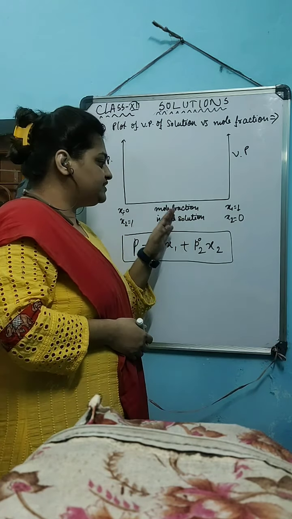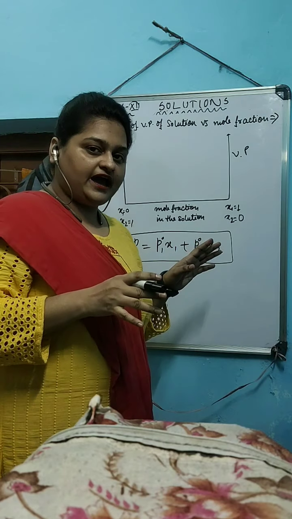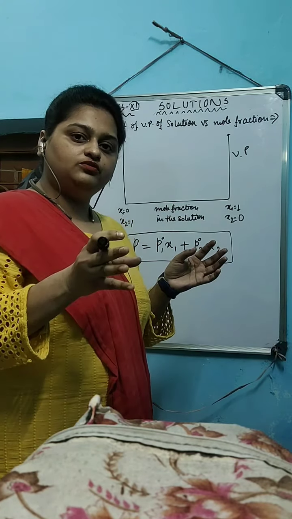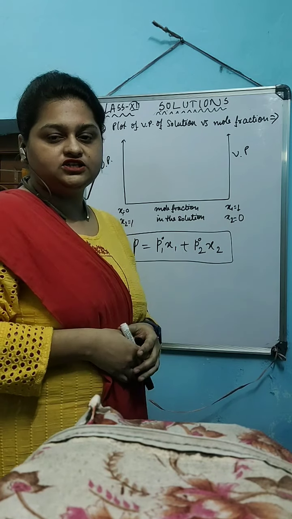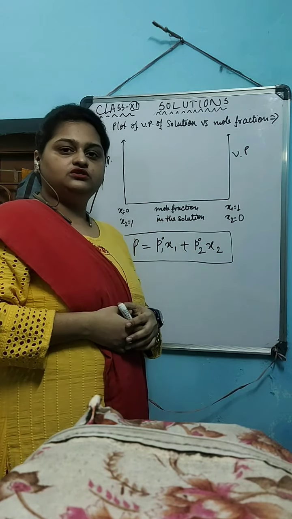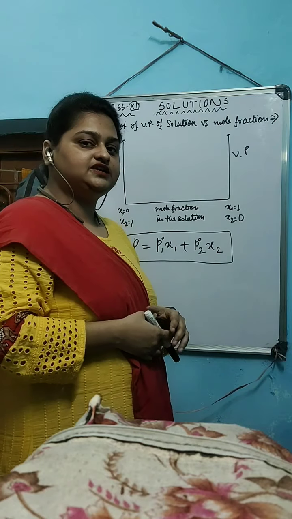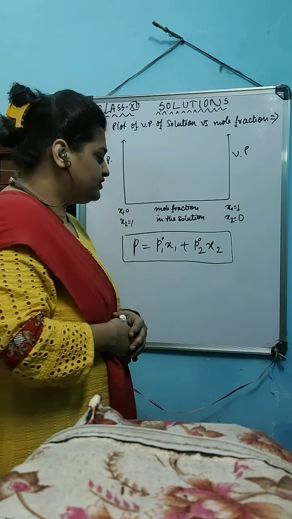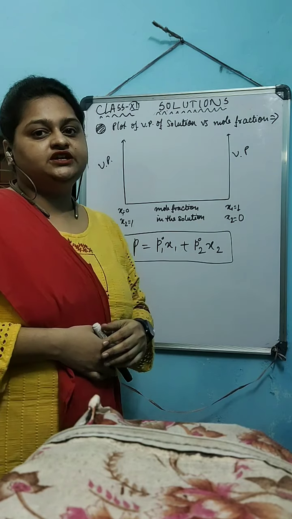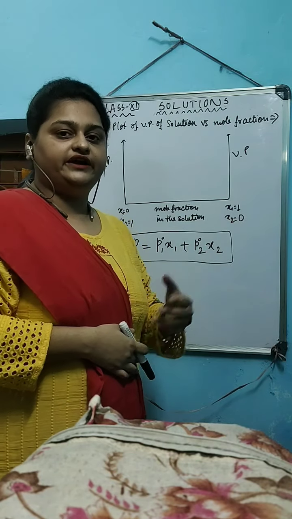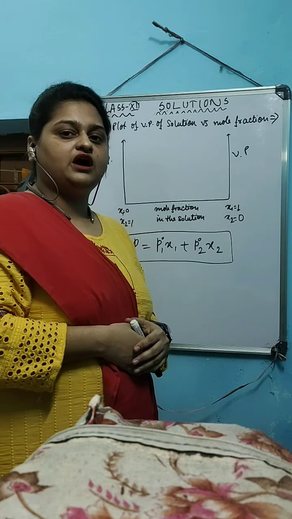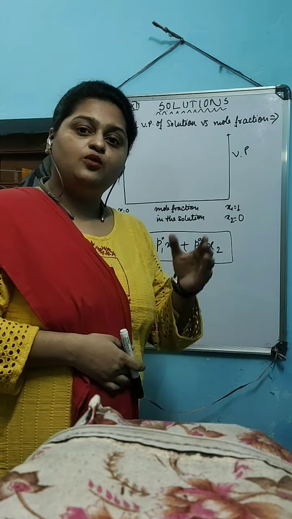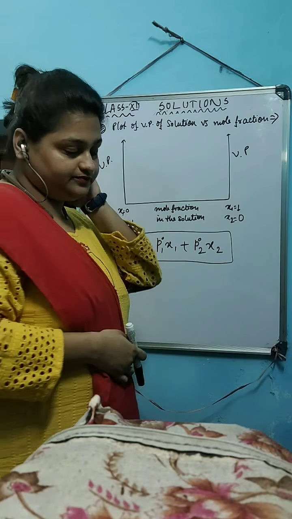The mole fraction is in the solution. Now, as we are studying a solution where both solvent and solute molecules are volatile in nature, in this mole fraction we have to take into consideration the mole fraction of the solvent as well as the solute. X1 represents the mole fraction of the solvent and X2 represents the mole fraction of the solute.